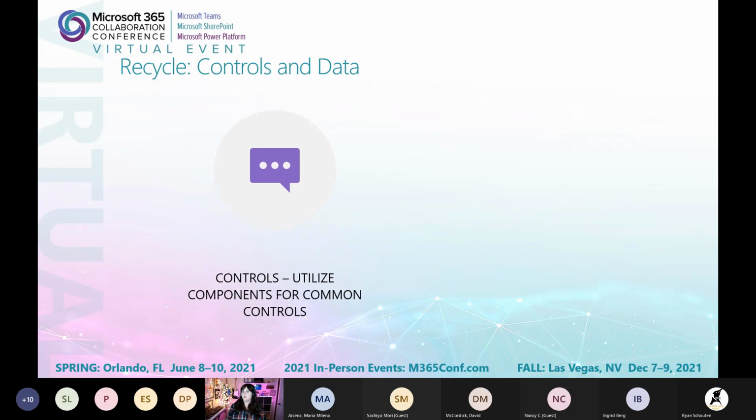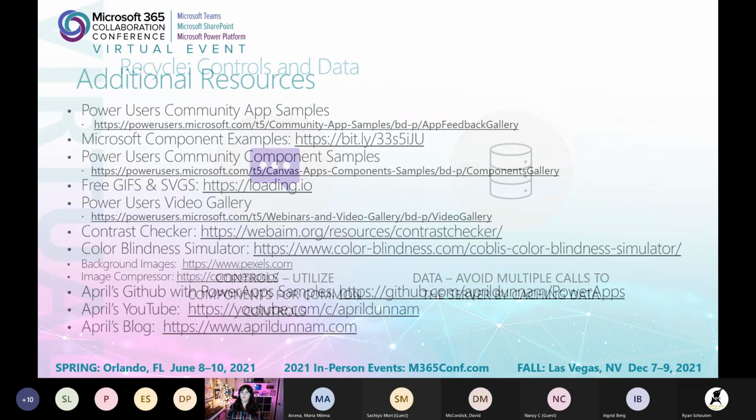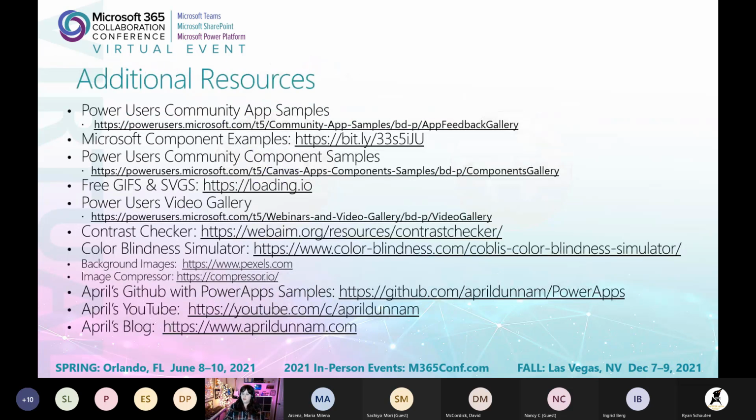I'm going to skip through this because it's the same thing, using components, and leave you here with some additional resources if you want those app samples. Again, there's a great resource out there, free on the Power Users community, to get tons of app samples and component samples as well. That SVG component I showed you, that footer component I showed you, are all available to download for free on the community forum.